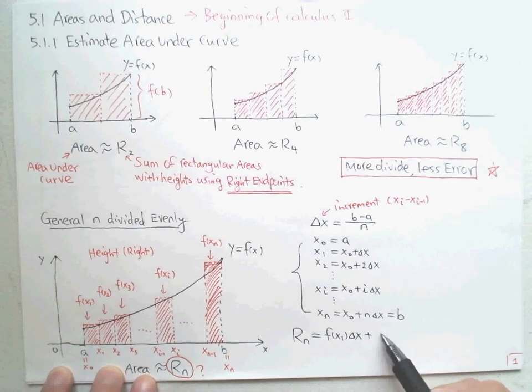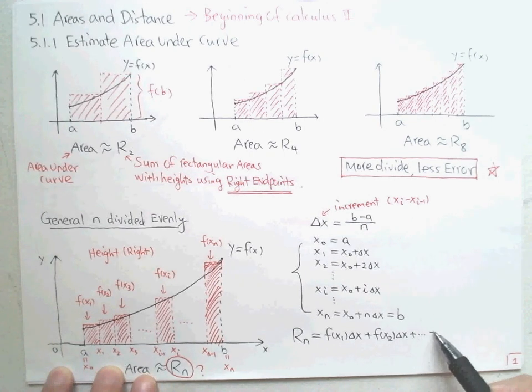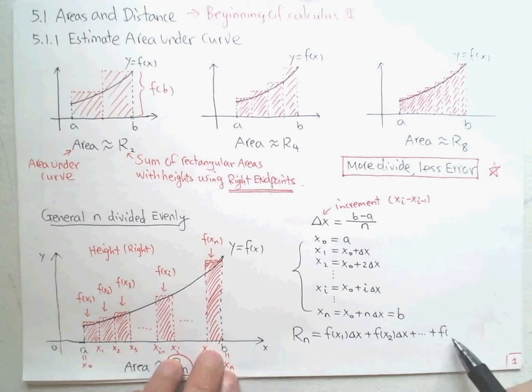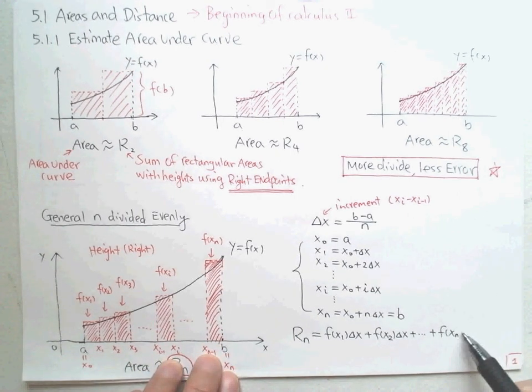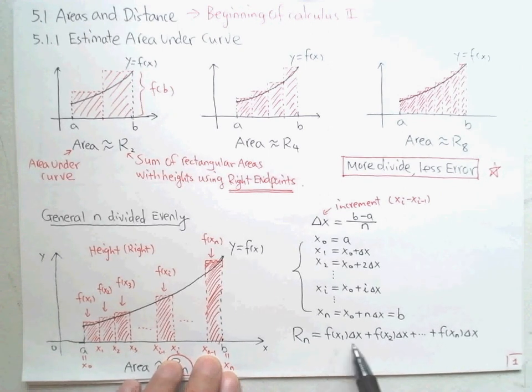This is the height, this is the width, so that's the area. The second is f(x2) times delta x. The third I ignore, and I continue to the last area, which is f at xn, the right endpoint, times delta x. So this is how to do the calculation.